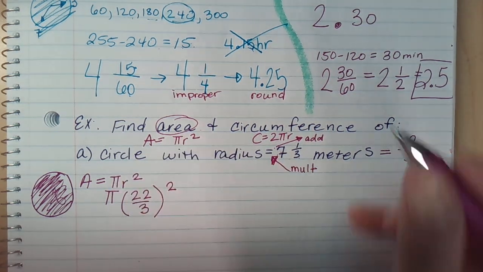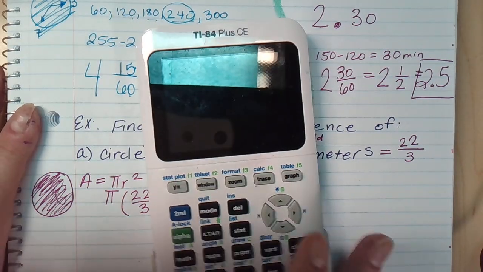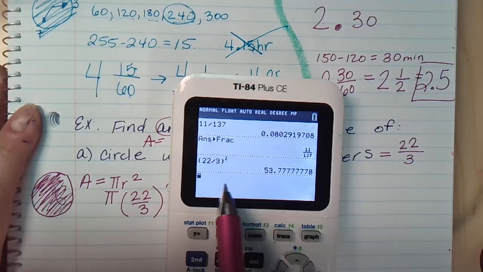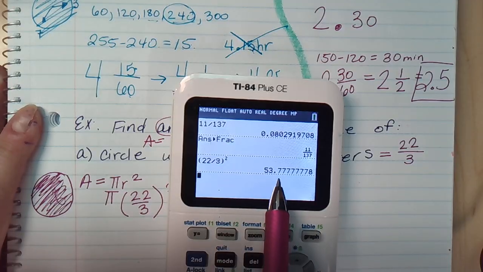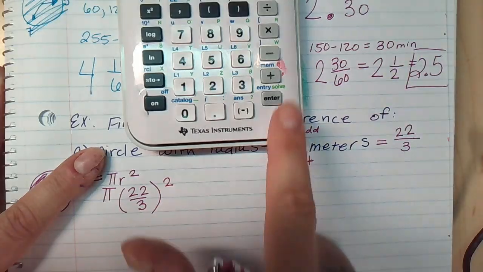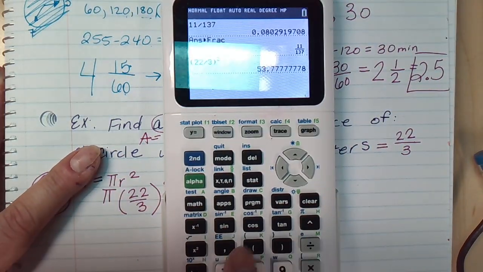If I square that 22 over 3, it's gross, but let's see what happens. I'm going to put it in parentheses, 22 over 3 squared. Ugh. Okay, it comes out with a decimal, but then press math, enter. So we have this crazy decimal, and you're going to press math.